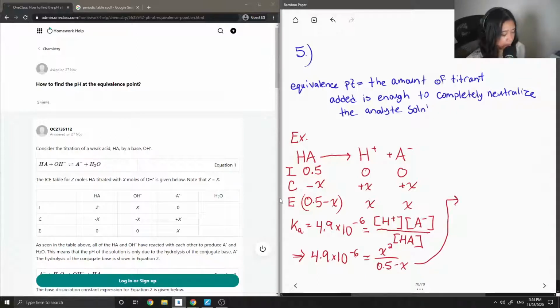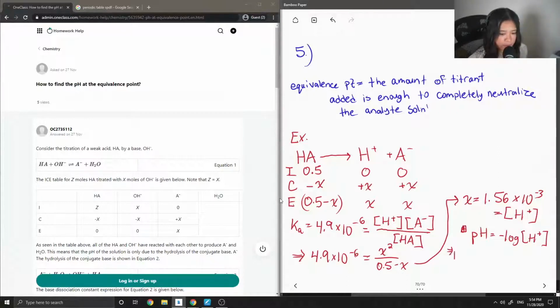So using the quadratic formula to solve for x, you end up getting a value equal to 1.56 times 10 to the negative 3, which is also equal to the concentration of H plus. So we want to know the concentration of H plus because in order to calculate pH, it's going to be the negative log of the concentration of H plus.